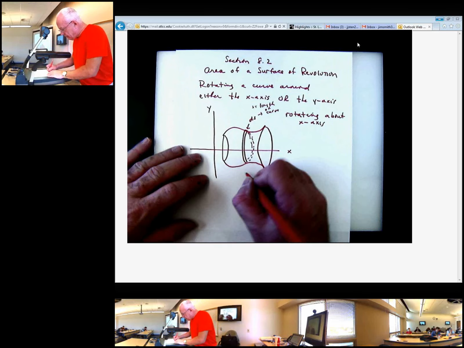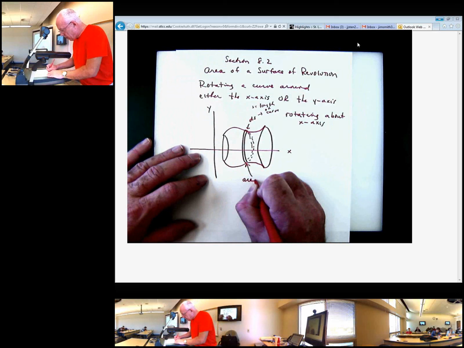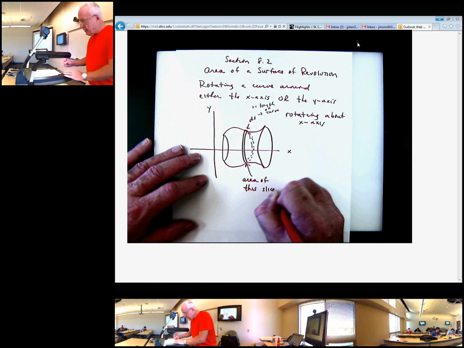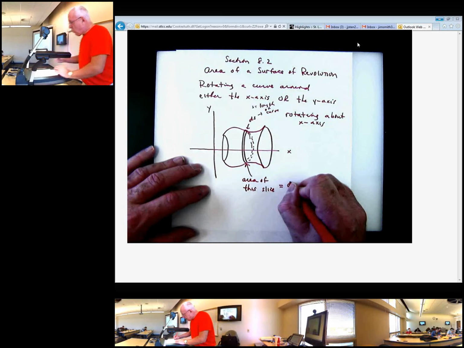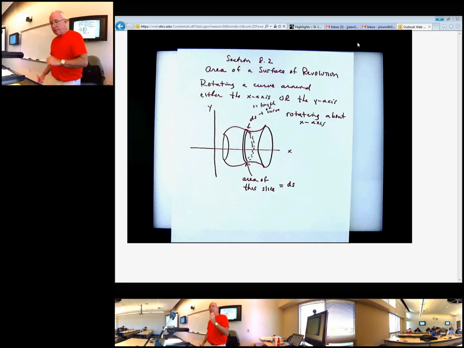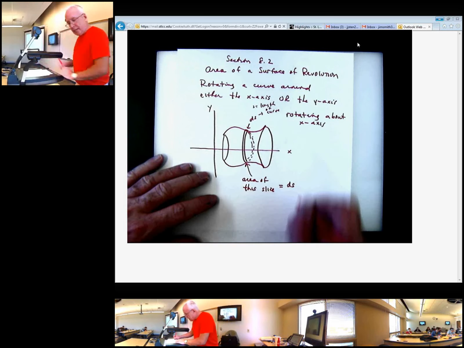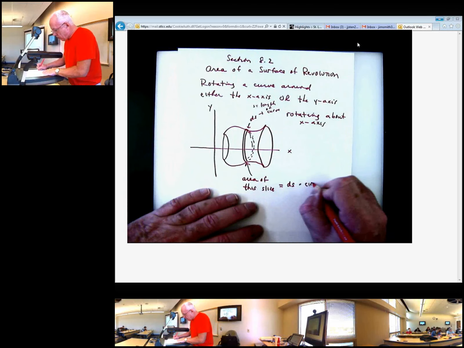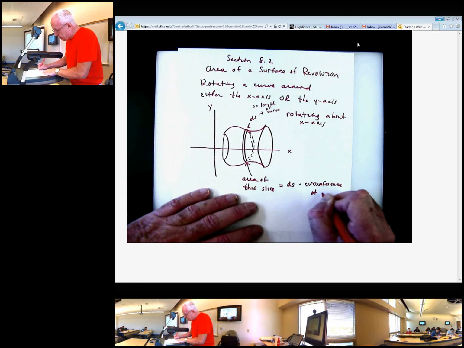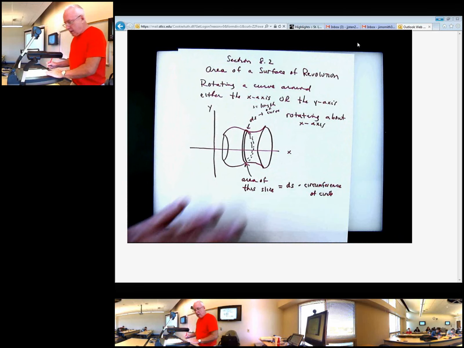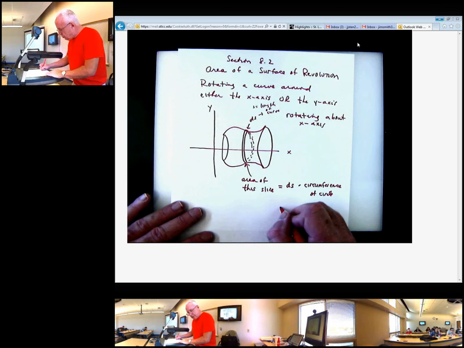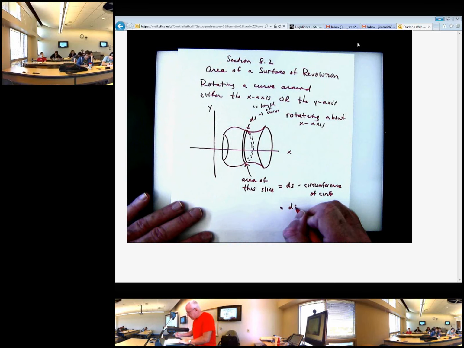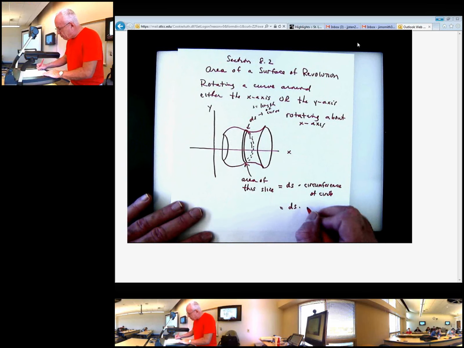So the area of this slice is equal to that width that I'm going to call ds, times the circumference of the circle. And so this is equal to ds times, in this case, our circumference is going to be 2 pi.